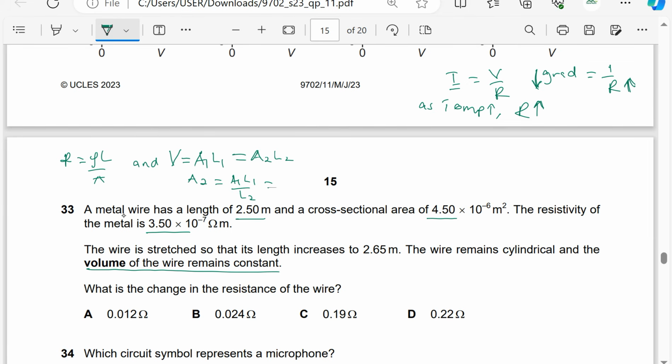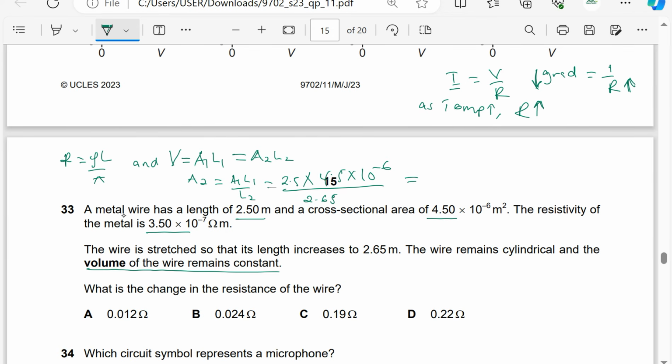I'll substitute. L1 is 2.5. A1 is 4.5 times 10 power minus 6. L2 is 2.65 meters.